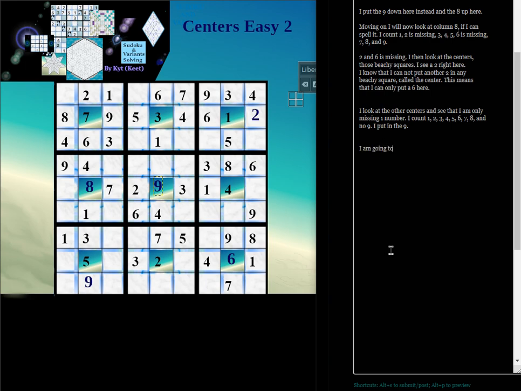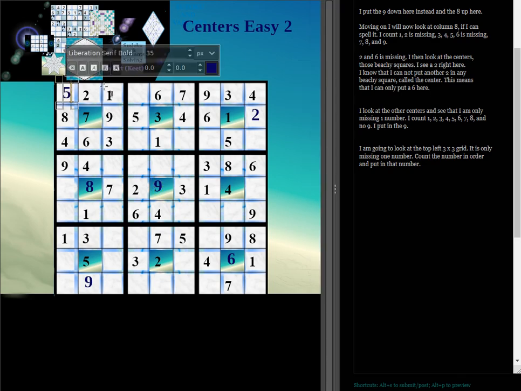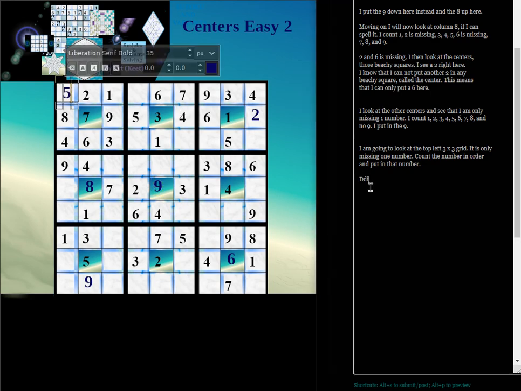I am going to look at the top left 3 by 3 grid. It is only missing one number. Count the numbers in order and put in that number. Did you put in the 5?